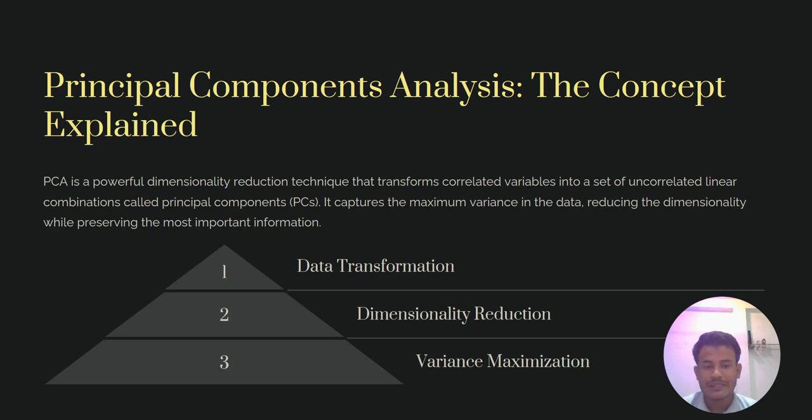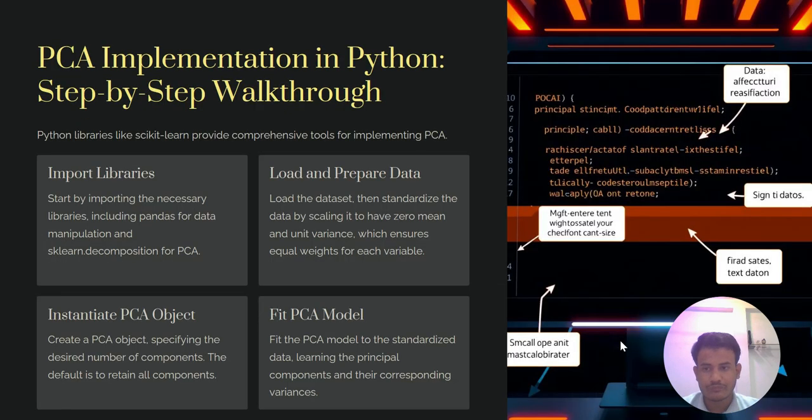It captures the maximum variance in data, reducing the dimensionality while preserving the most important information. First one is data transformation, second is dimensionality reduction, third is variance maximization. In data transformation, data is transformed. In dimensionality reduction, the dimensionality is reduced. In variance maximization, the variance is maximized.